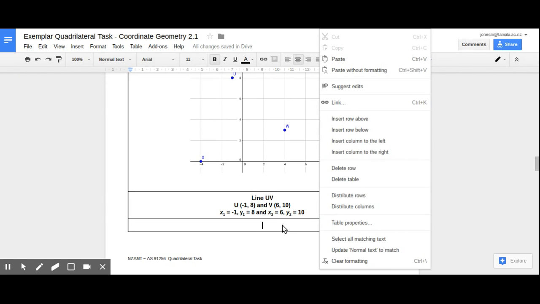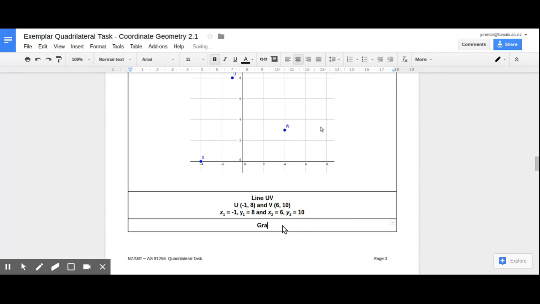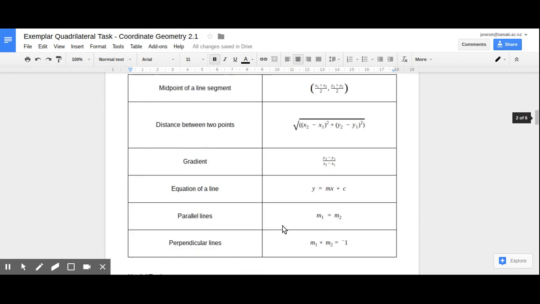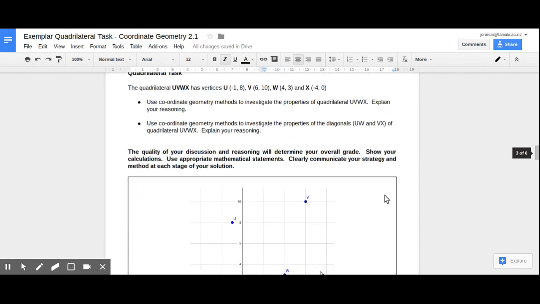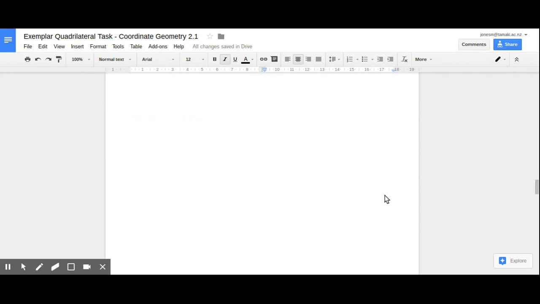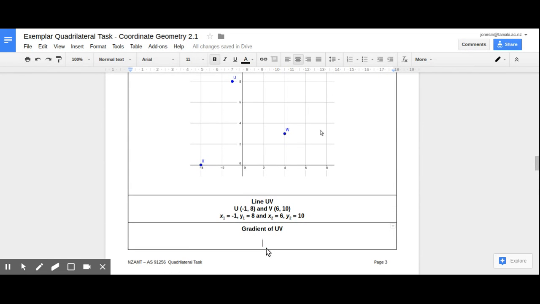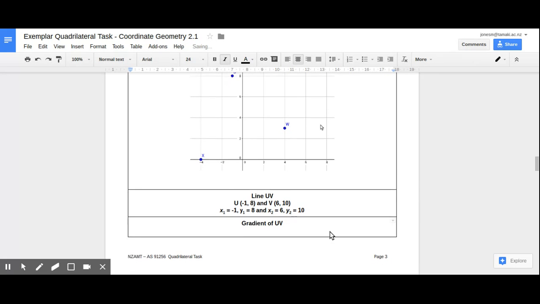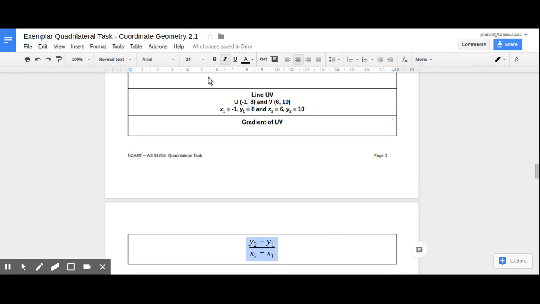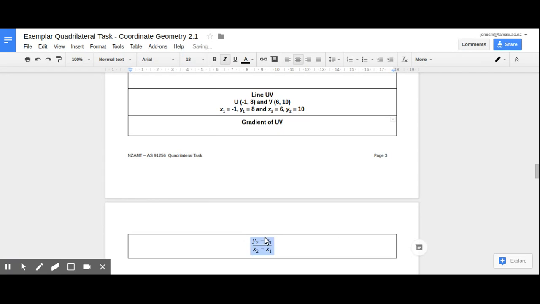Okay, so what we're going to do now is look at the gradient of UV. Now, what I'm going to do for my gradient is use my gradient formula. So I'm just going to copy the formula from up here and paste it in here. It's a bit small, so I'm going to enlarge that font a bit. Right, so we can just start plugging it straight into the formula.